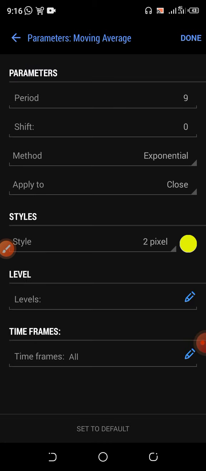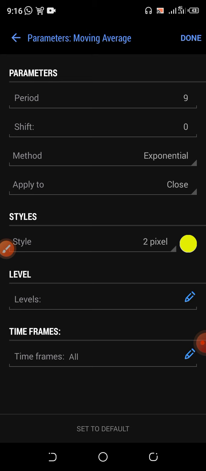Please remember that it's exponential. So the exponential we are using, we apply it to close.